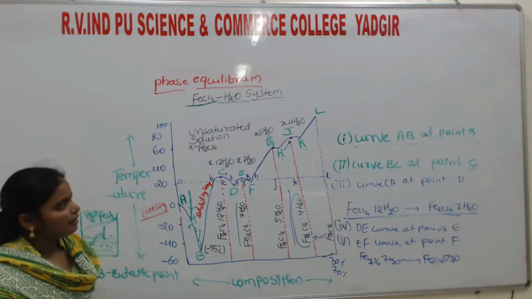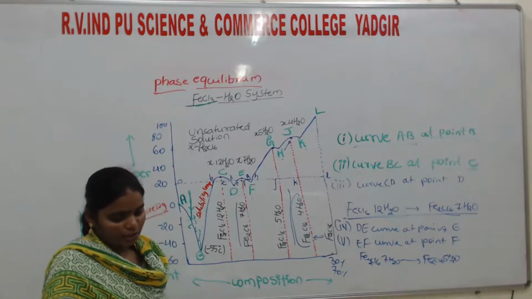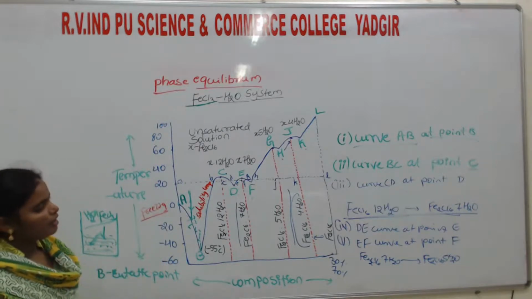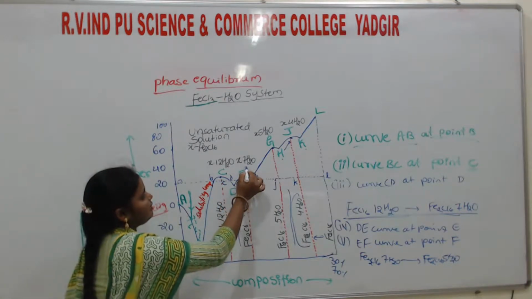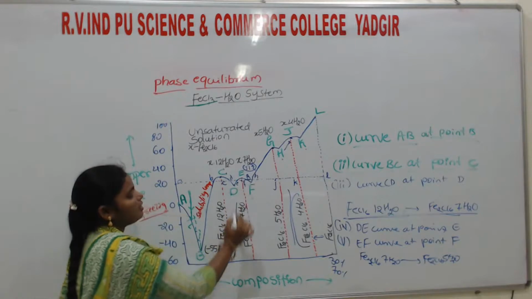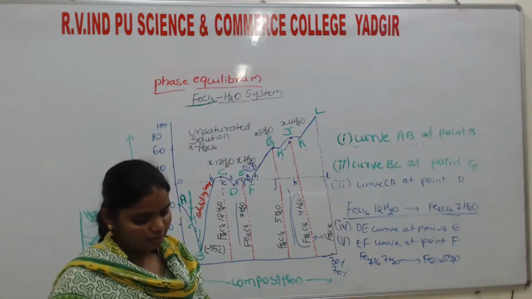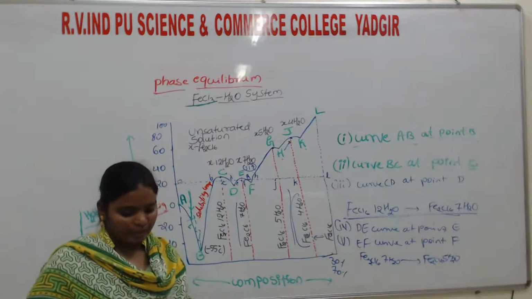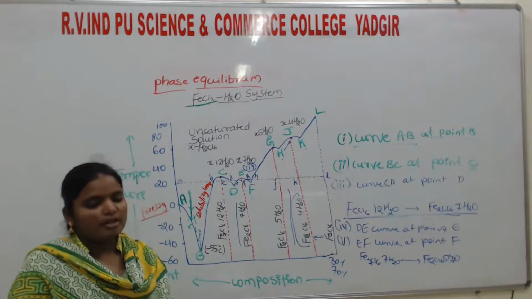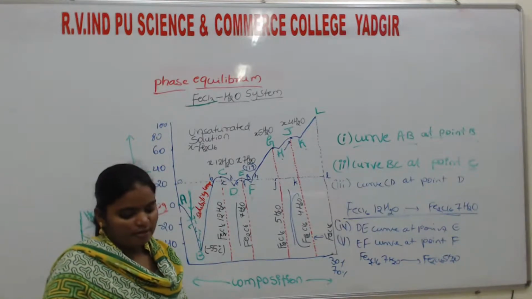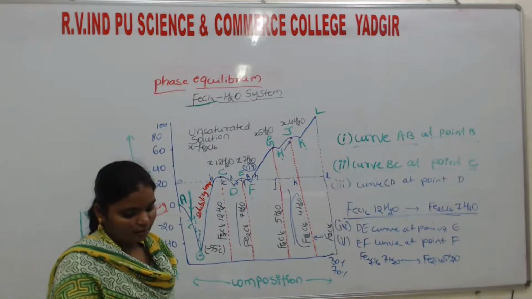An unsaturated solution at a temperature between the points E and F, that is 31 degrees Celsius, evaporated at constant temperature, is represented initially by the point A.